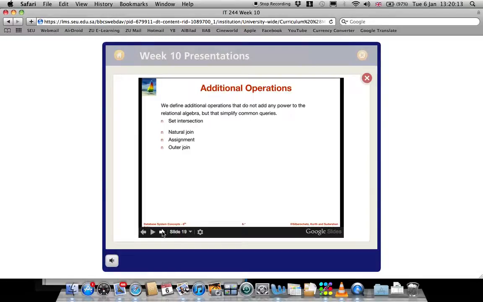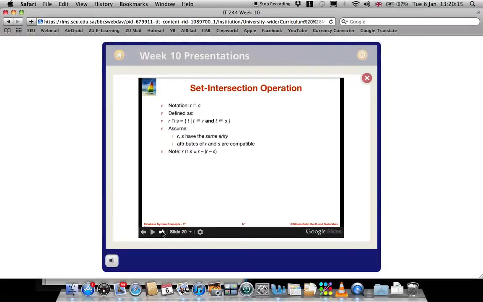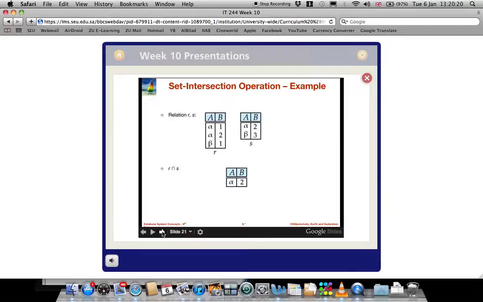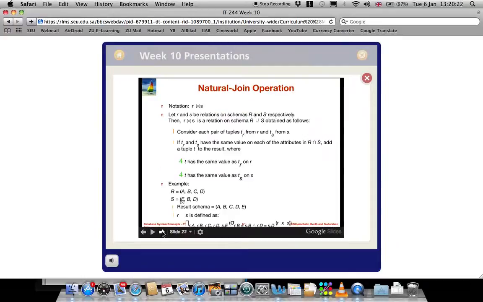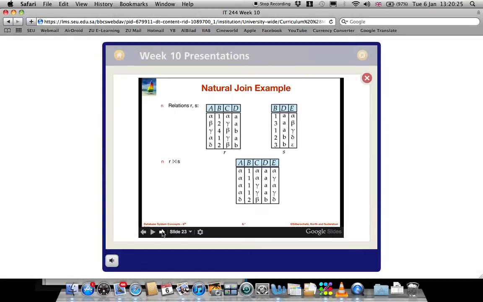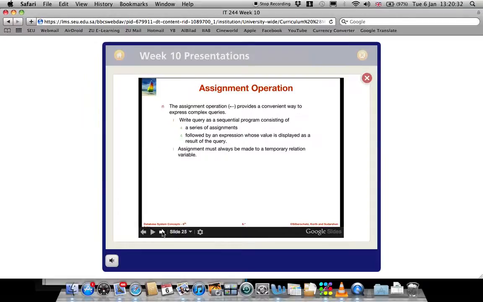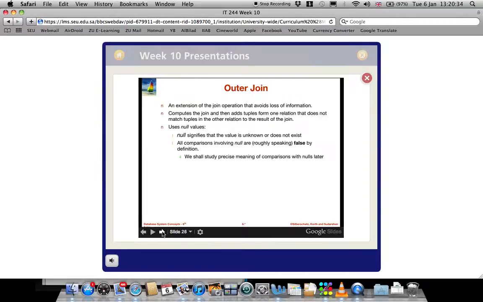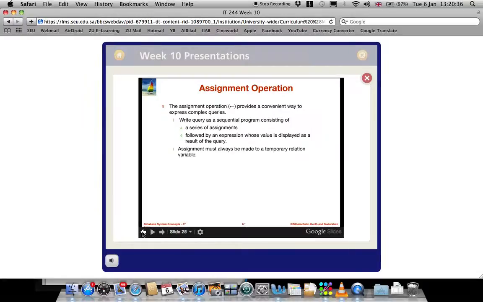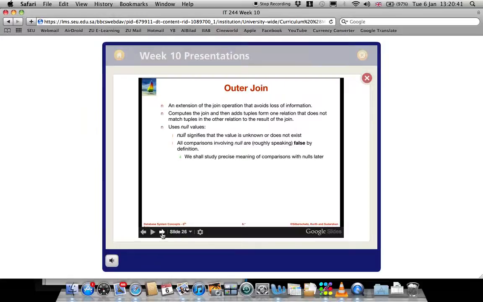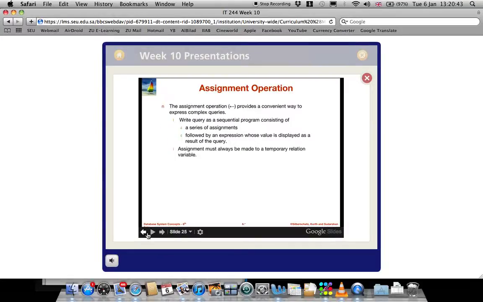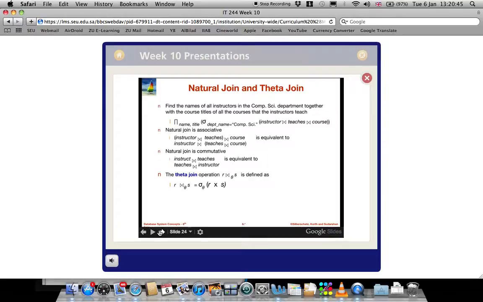Additional operations: you need to understand the intersection. Now this is important. In the natural join, we lose some data. Don't worry about the assignment operation.